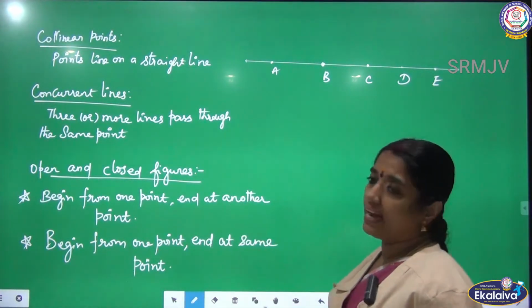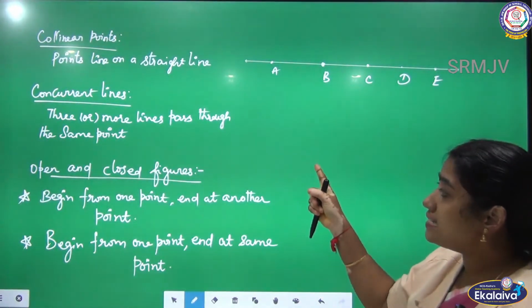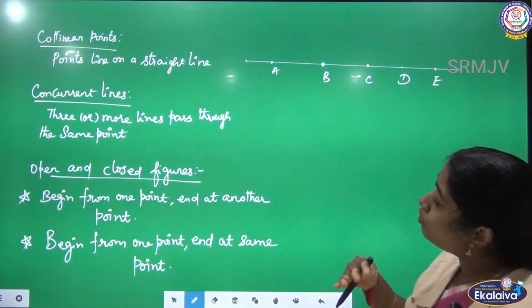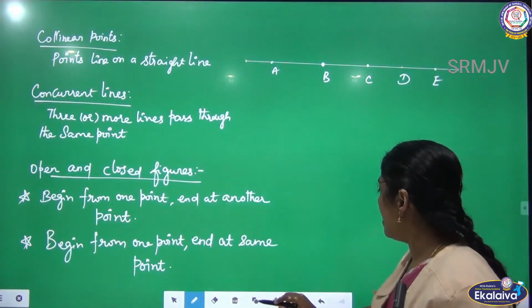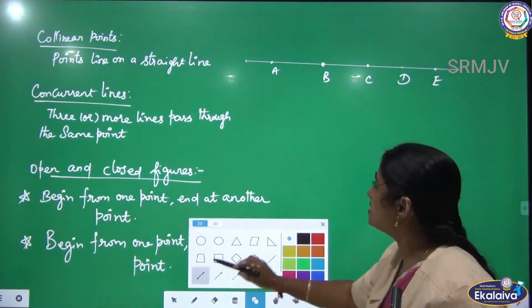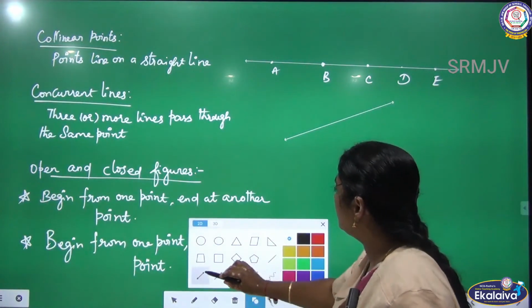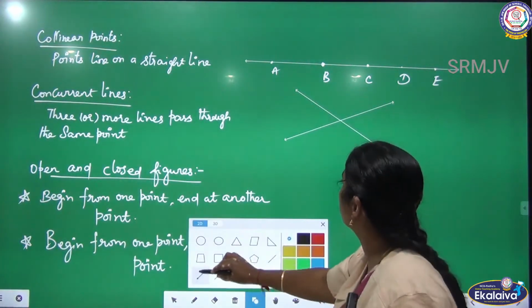See here, for concurrent lines: if two lines pass through the same point, I said that is intersecting. But if it is more, for example three or more lines which pass through a point, see here one line, and here one more line.